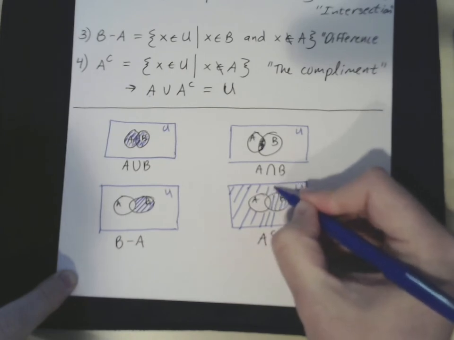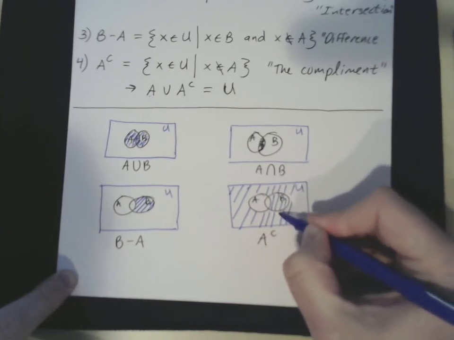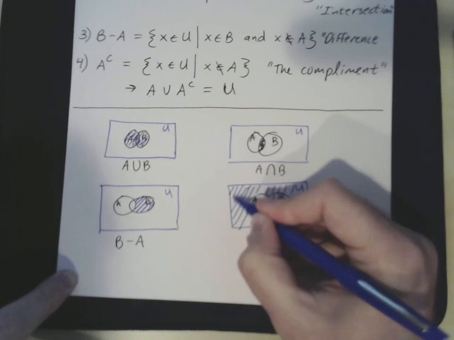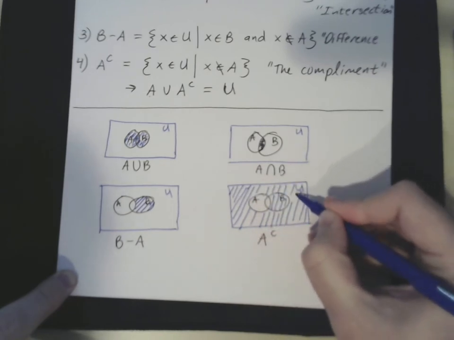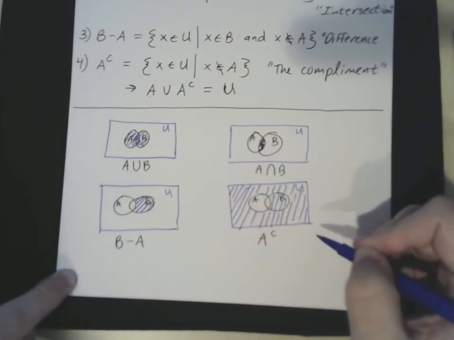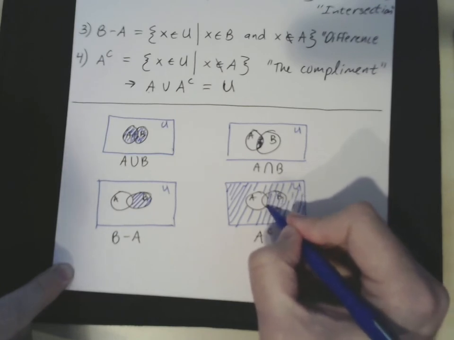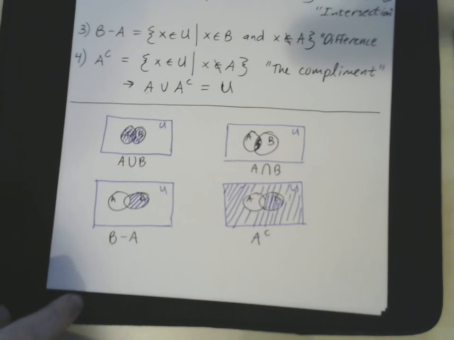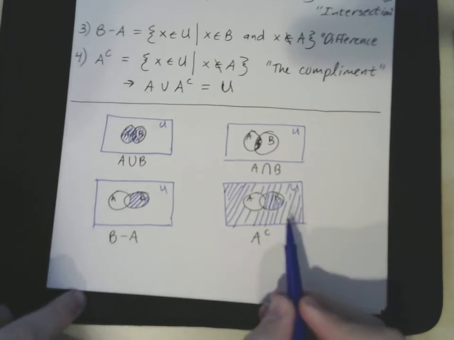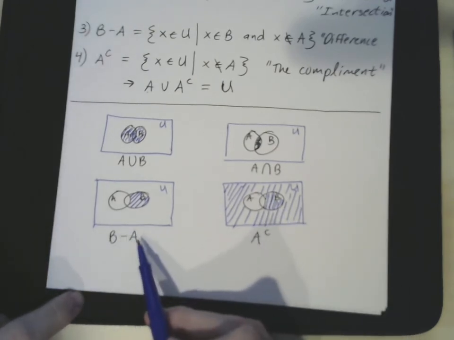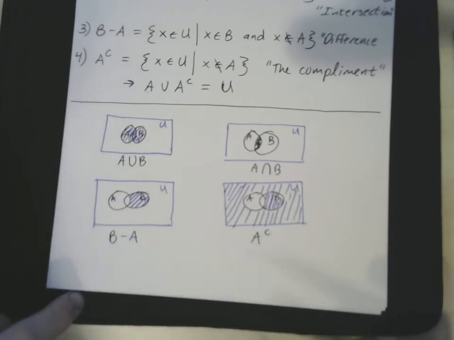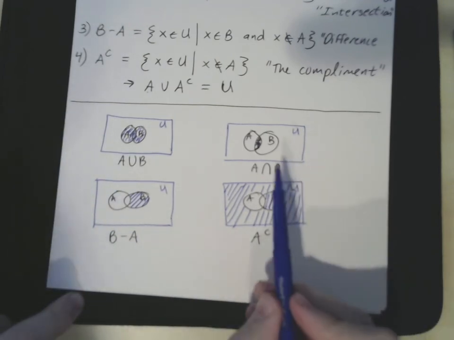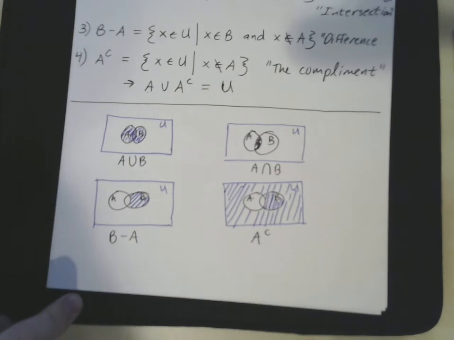Including the stuff, so everything not in A. So you can see that B minus A is going to be a subset of A complement, just like the intersection is a subset of the union. Okay.